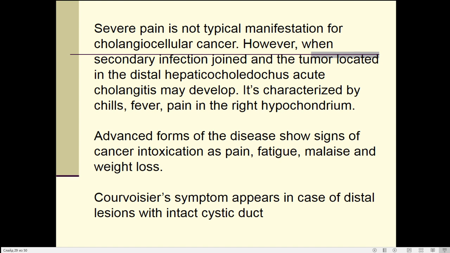It is characterized by chills, fever, pain in the right hypochondrium. Advanced forms of the disease show signs of cancer intoxication such as pain, fatigue, malaise, and weight loss. Courvoisier symptom appears in case of distal lesions with intact cystic duct.